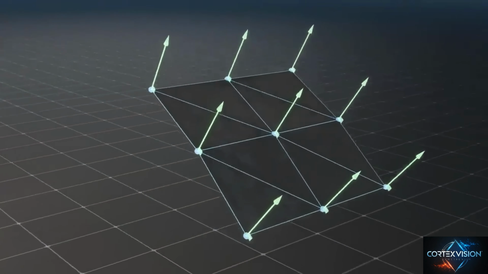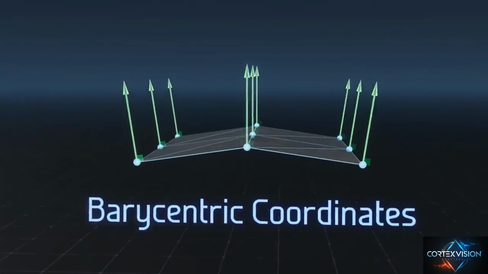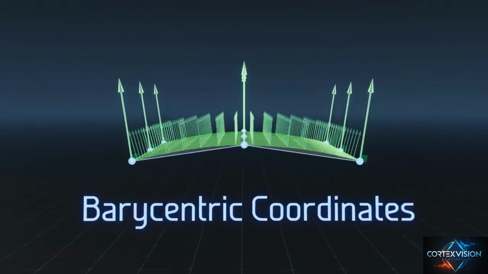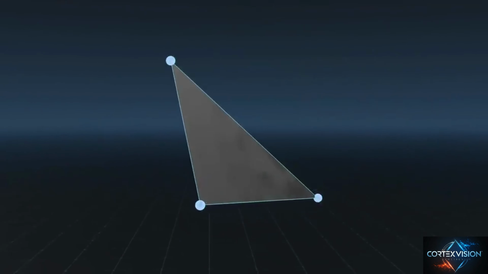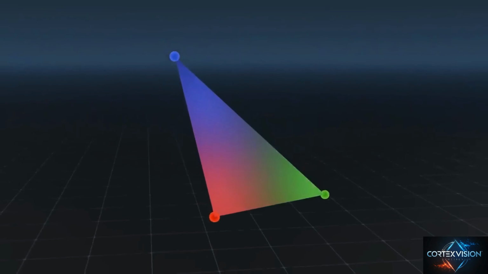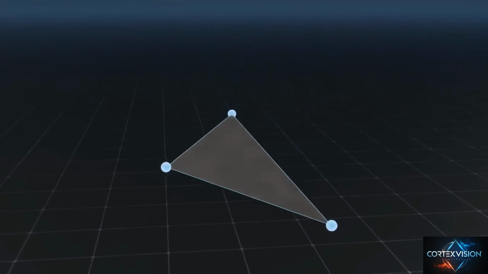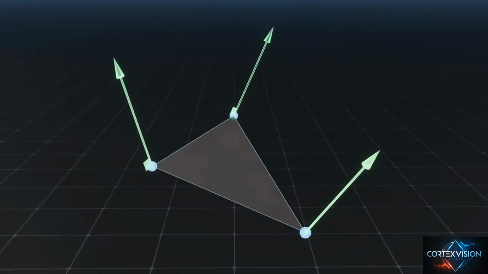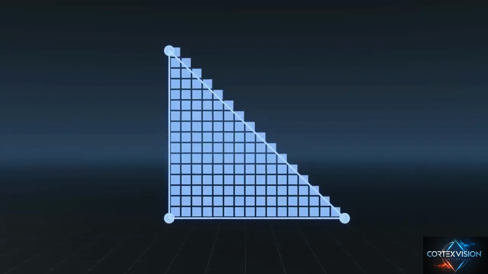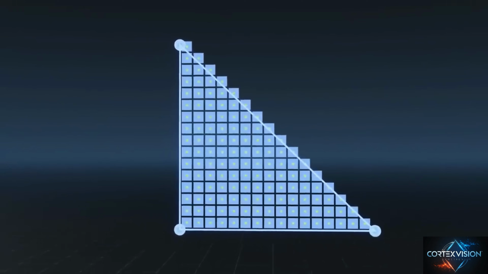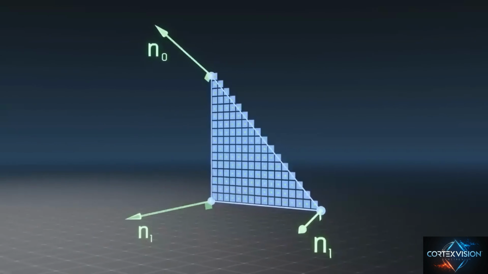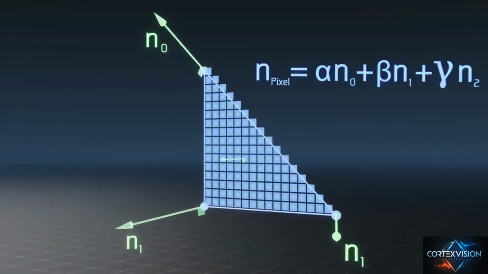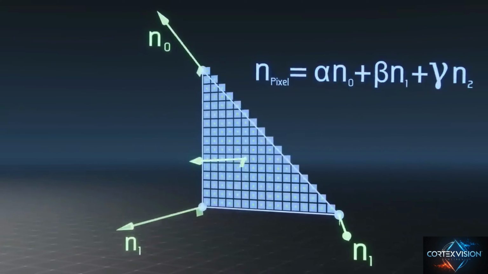Next, we use a method called barycentric coordinates to produce a smooth gradient of normals across the surface of a triangle. Visually, it's like mixing three different colors across a triangle, but instead we're using the three vertex normal directions. For a given fragment, we take the center of each pixel and use the vertex normals and coordinates of the pre-rasterized triangle to calculate the barycentric normal of that particular pixel.